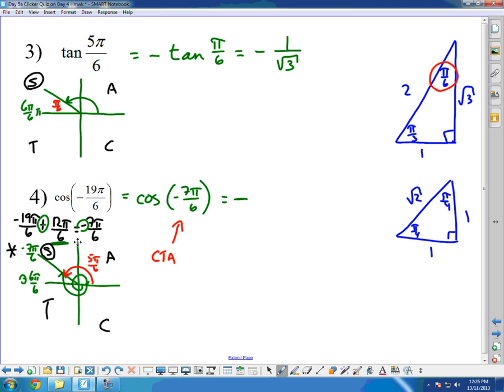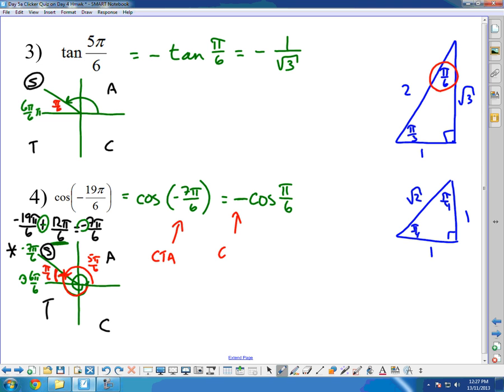And then I need the related acute angle. The related acute angle is this angle here, towards the nearest x-axis. You see that this part got me negative 6 pi over 6, and I went one further. So pi over 6 is the related acute angle. So I can say it's negative cos pi over 6.